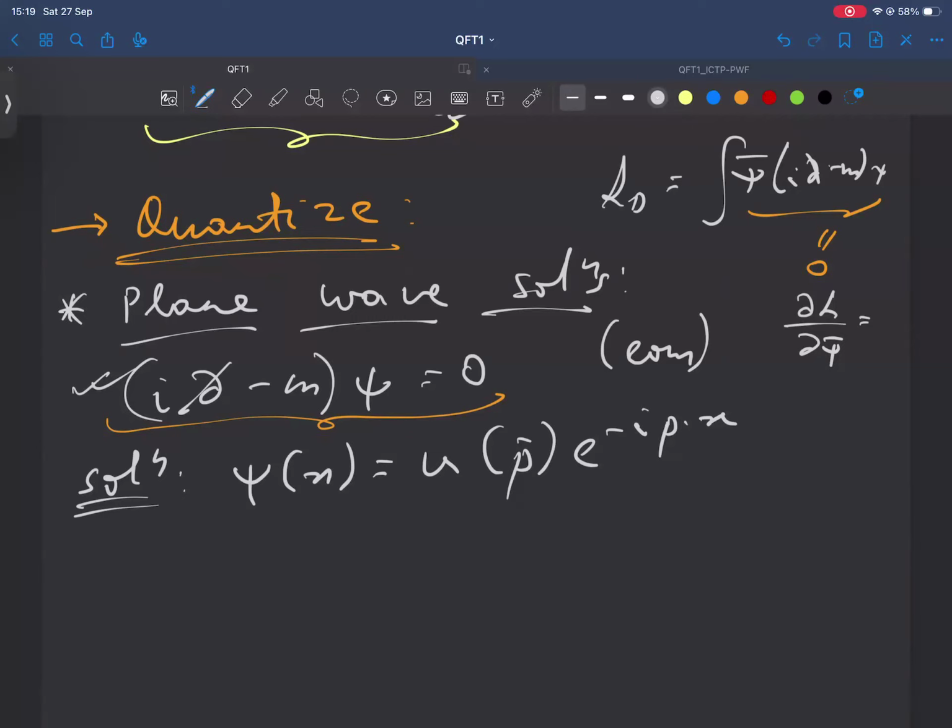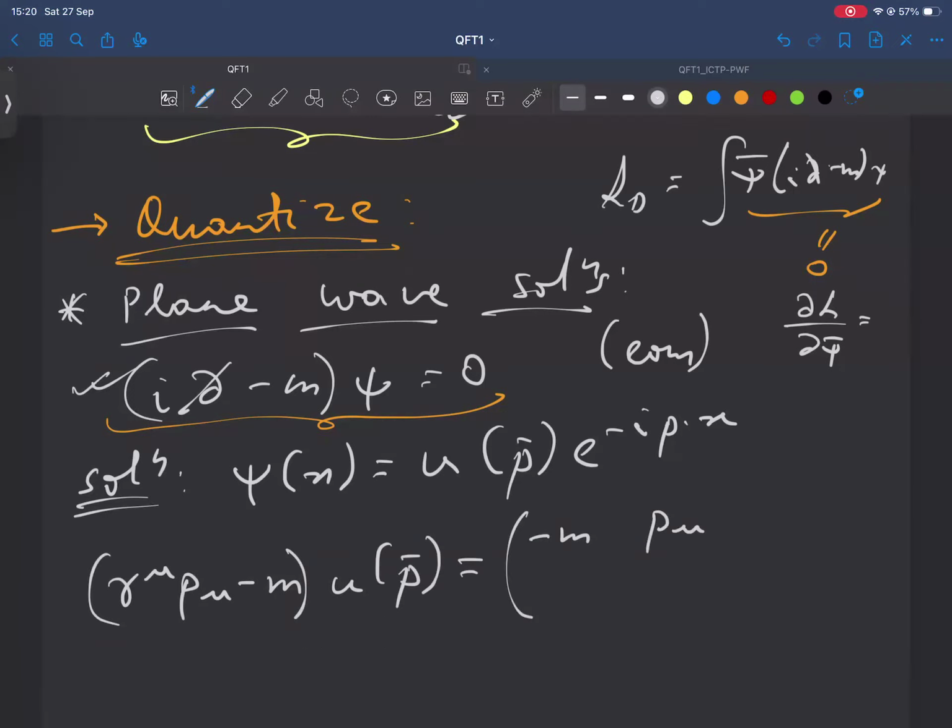So if you take this and plug it in the Dirac equation, when I say Dirac equation, I always mean the equation of motion. Maybe that was the confusing part. Now you can expand the gammas out, and you can show that this becomes like this in terms of the sigma matrices, sigma mu and sigma mu bar.